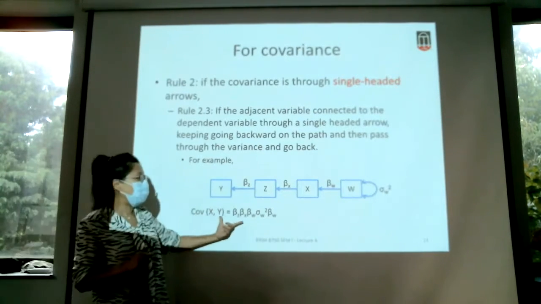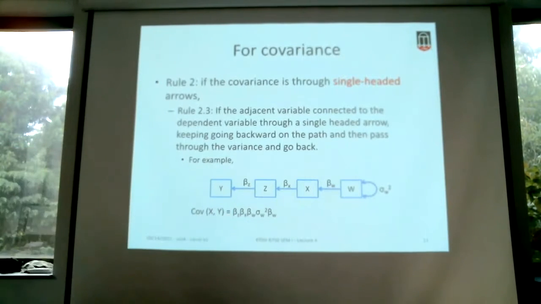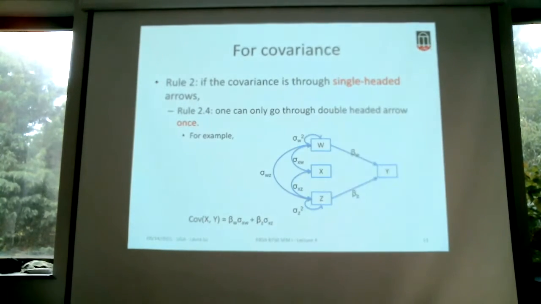Again, you're gonna follow the correct order. The order is very important. Any questions for this rule? Clear? Okay, rule 2.4 is one of our general rules: one can only go through a double-headed arrow once.